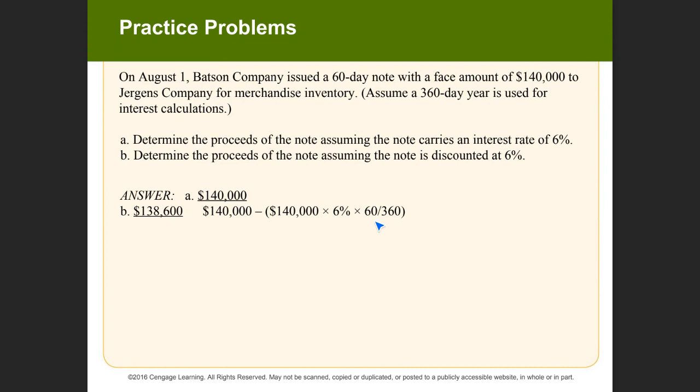That gives us the discount amount, and then we take the face amount of the note minus the discount amount, which gives us the actual note amount after we take out the discount, which is $138,600. So right here, this is where we calculated our discount amount.